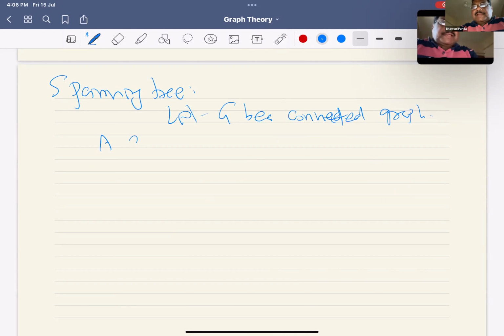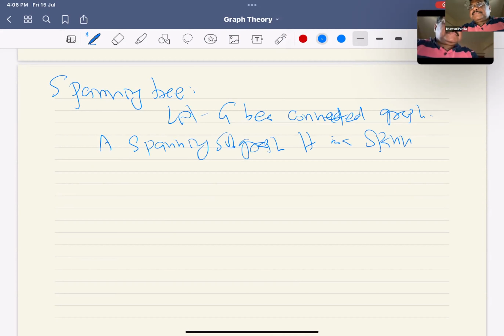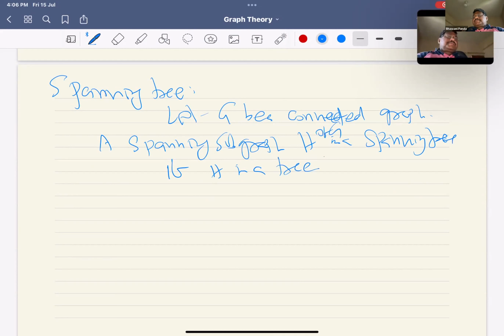A spanning subgraph H of G is a spanning tree if H is a tree. So first of all, H must be a tree and H must be a spanning subgraph of G, then it's called a spanning tree.